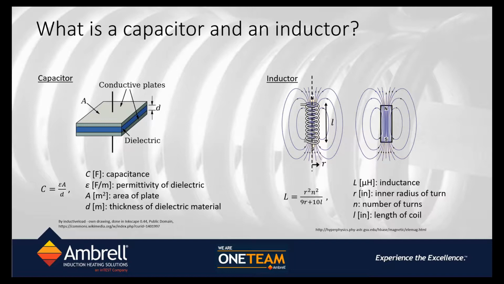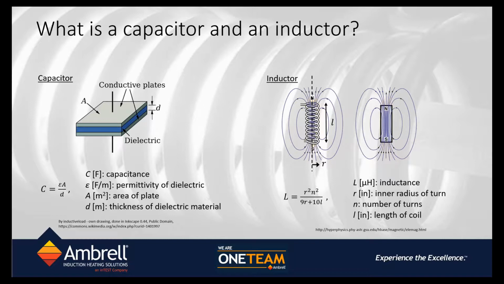The induction heating capacitors are a combination of these conductive plates, but there may be hundreds or thousands of these conductive plate assemblies in one capacitor. This capacitance is a function that can be easily measured through the meters that are available today.